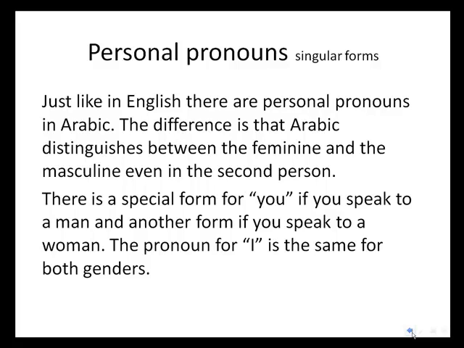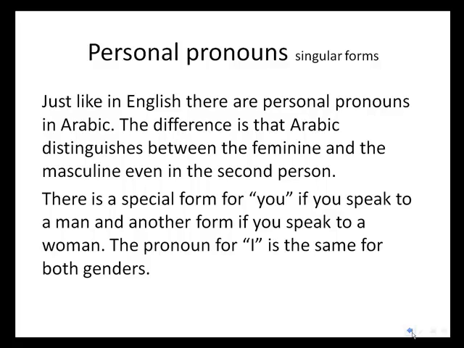Now, in Arabic, there are two forms for you. One, if you're speaking to a man, if you say you are Michael, for example, you use one you. And if you talk to a woman, saying you are Maria, you're using another you.